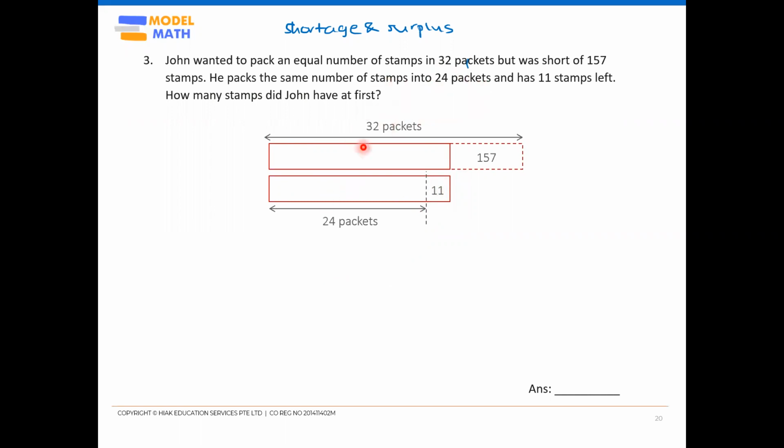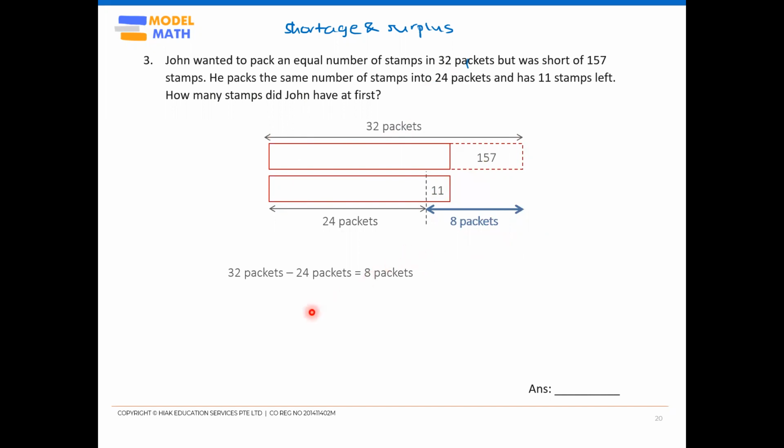Once you have your model looking like that, look at the difference in the packets. I hope you can tell the difference will be from this dotted line all the way till the end here. Correct? So ask yourself how many packets this is. As we can see, this is 32, this is 24. So simply 32 minus 24, and that would be 8 packets worth of stamps.